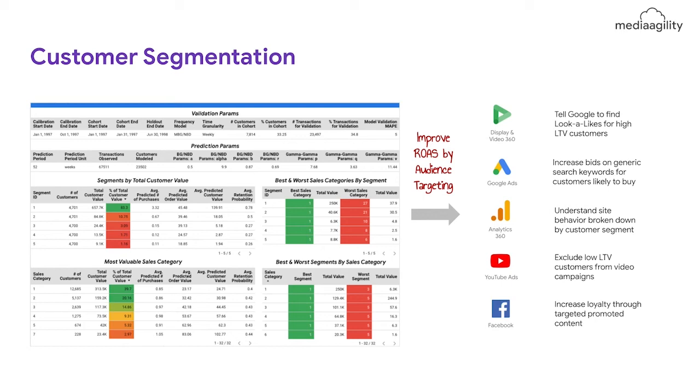We tell the platform to find lookalikes with these matching attributes, so that you can run more expensive campaigns on those customers who are going to be your high value customers, rather than spending a lot of dollars on your low value customers.